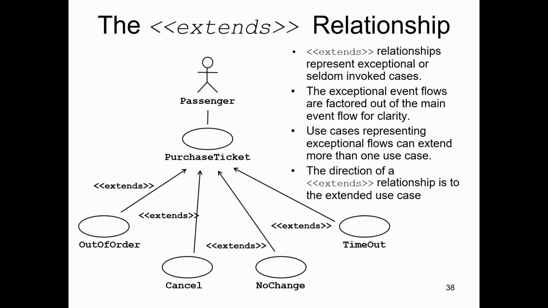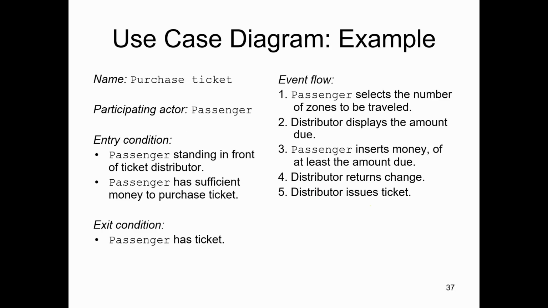There are two relationships involved in use case diagrams: one is extend and the other is include. First, let's look at extend. In the previous example, the event flow is a concrete usage of the software, and we don't consider any exceptions.